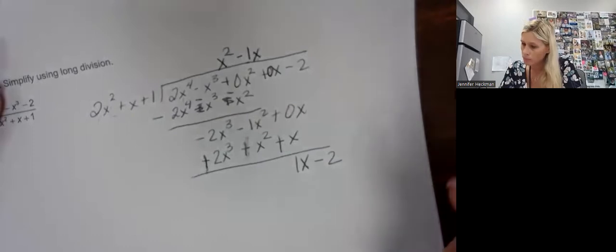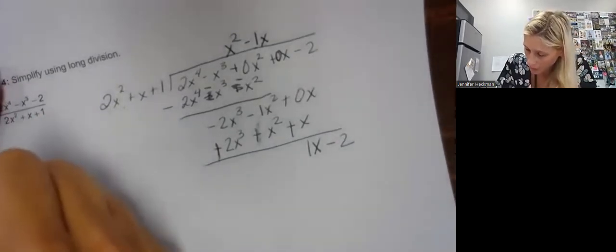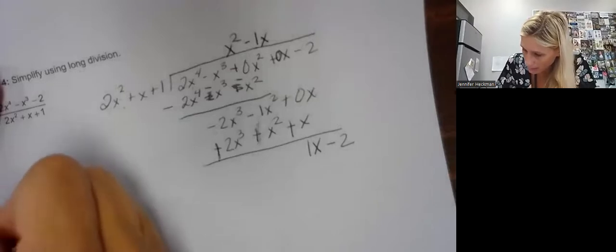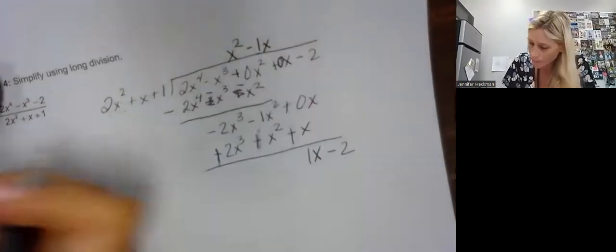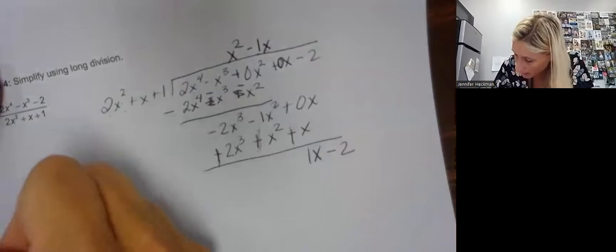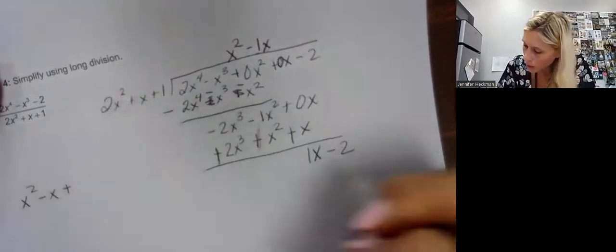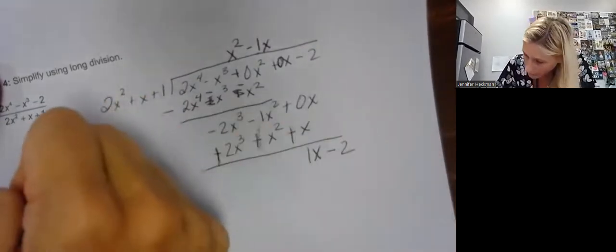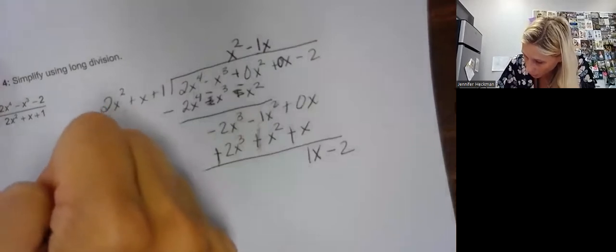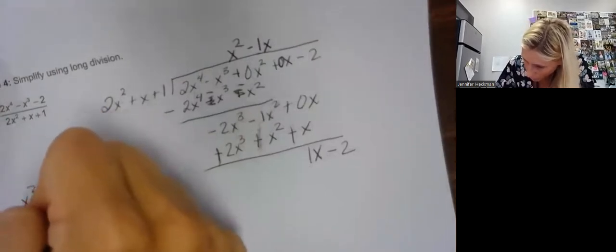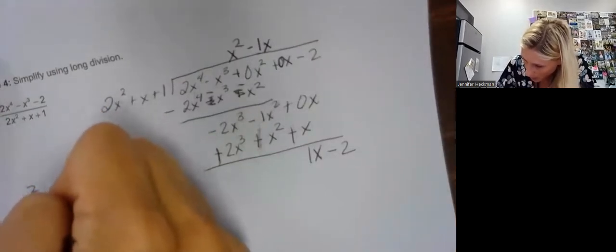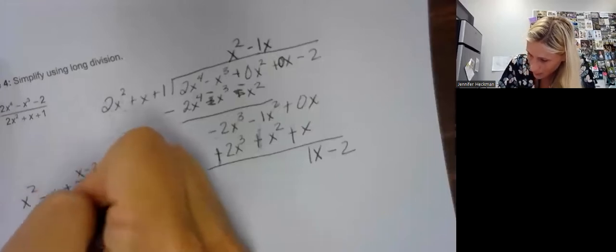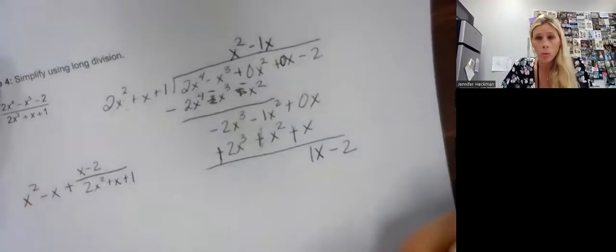So what we have here for our answer is x squared minus x. That was our quotient. Plus our remainder is x minus 2 all over 2x squared plus x plus 1. Tricky, huh?